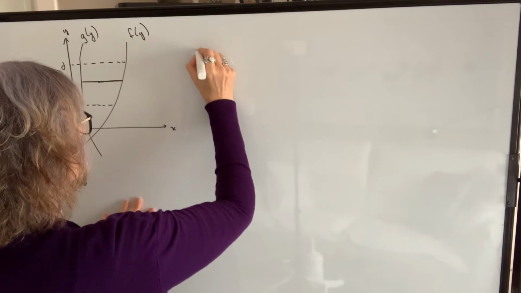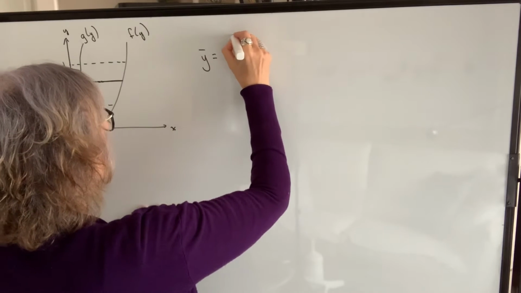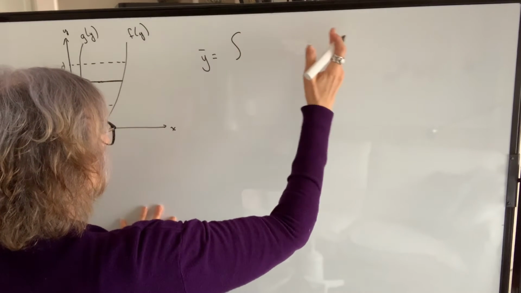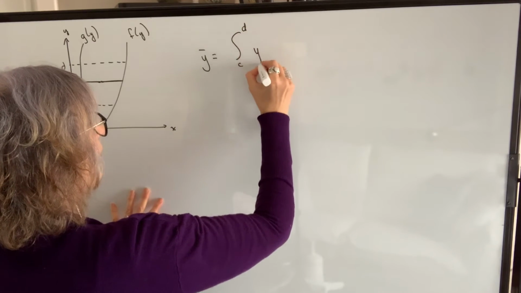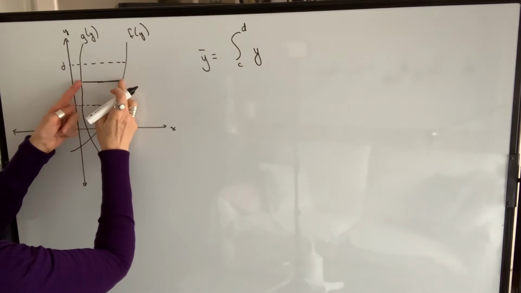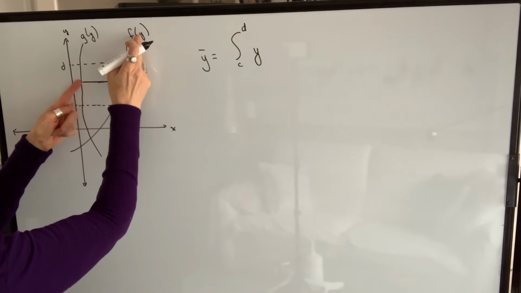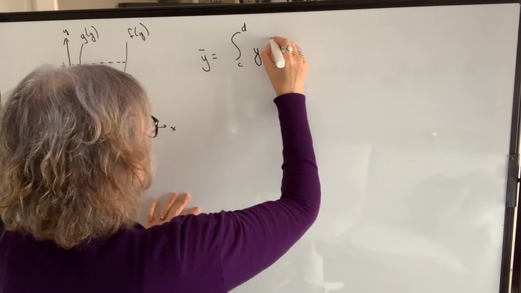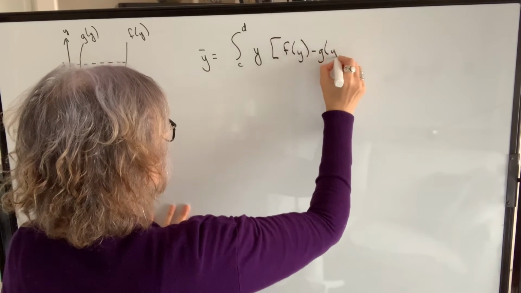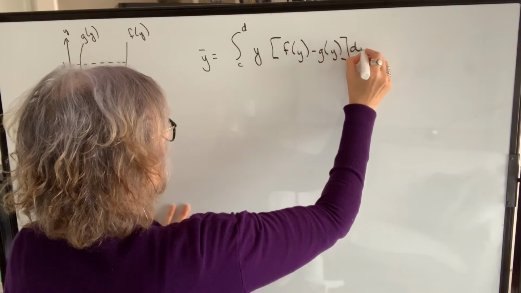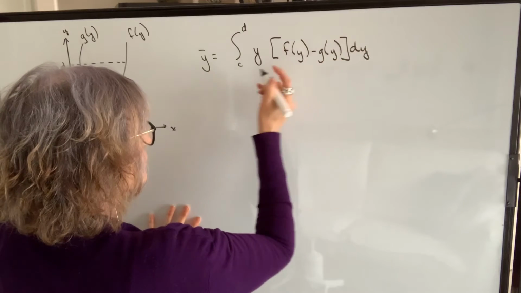So the y-coordinate will be the sum, which is integration from c to d of y times the area of this rectangle, and this area can be described as f of y minus g of y, times dy.